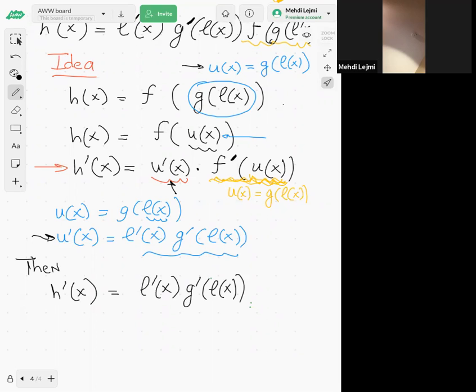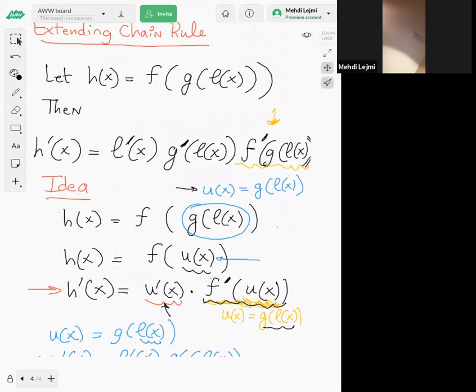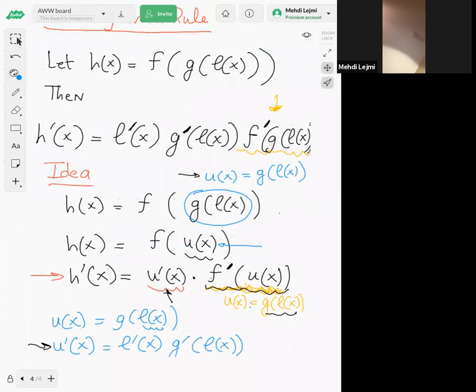And then there is f prime of u, and u we said is g of L of x, so that's f prime of g of L of x. And that's exactly my formula here. Again, the formula for the derivative of the composition of three functions was this formula right here.